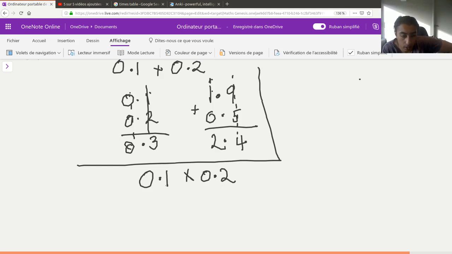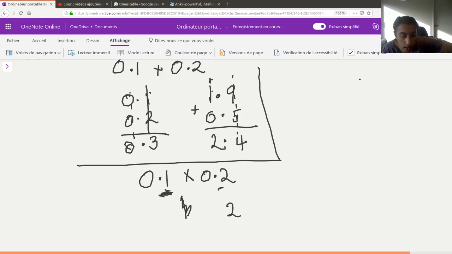So essentially this is just like 1 times 2, and 1 times 2 is just 2. Now it's tricky because you have to count how many digits there are after the decimal place.